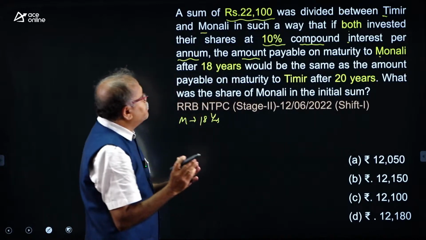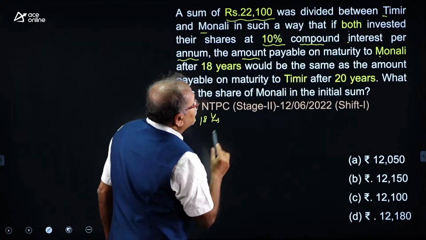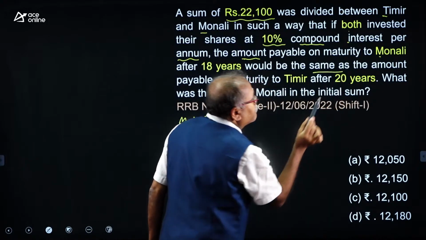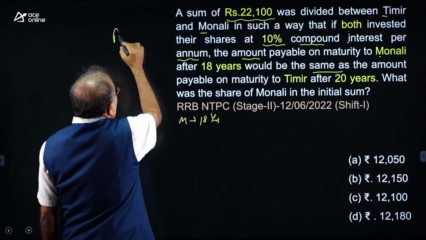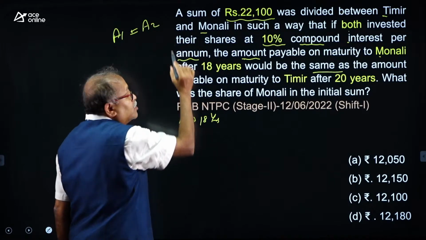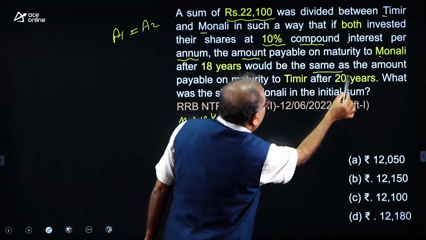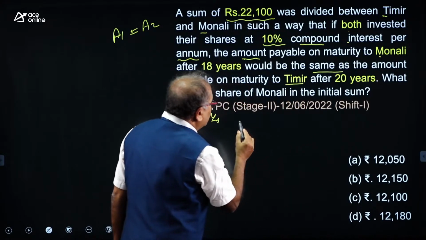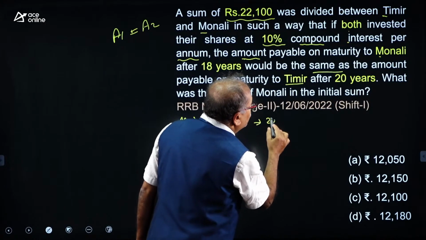is it the principal or the amount? It is talking about the amount after 18 years would be the same. That means, in other words, the amount of M will be equal to the amount payable on maturity to T after how many years? After 20 years.